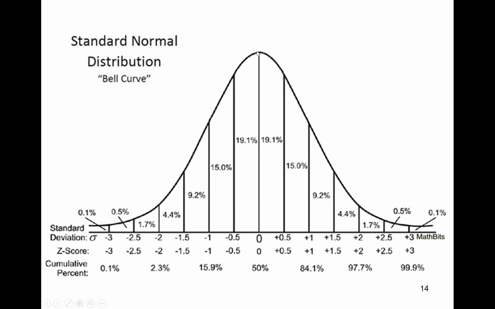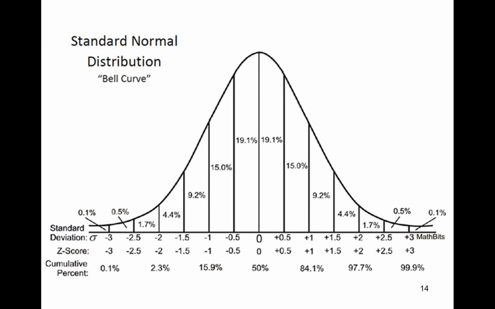So the likelihood of observing a value of x which is greater than 0 when the average value of x is 0, is going to be 50%. So to the right of this vertical line here, if you add up all of these percentages to the right, that comes to 50%. And similarly to the left, all of these percentages add up to 50%. So the probability that X is less than 0 when the average value of X is equal to 0 is going to be 50%.